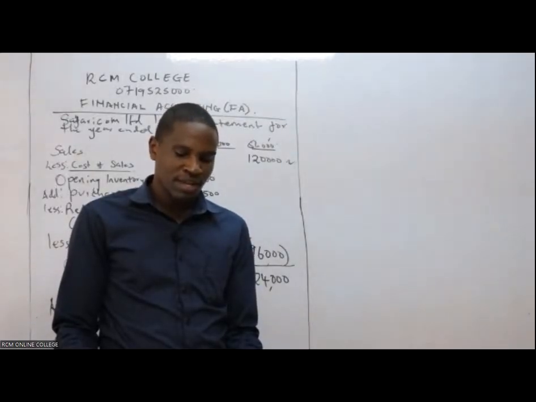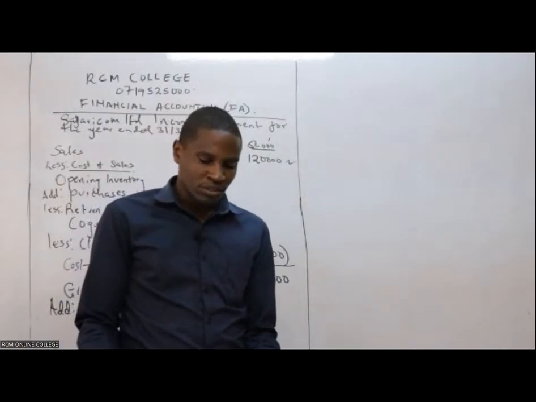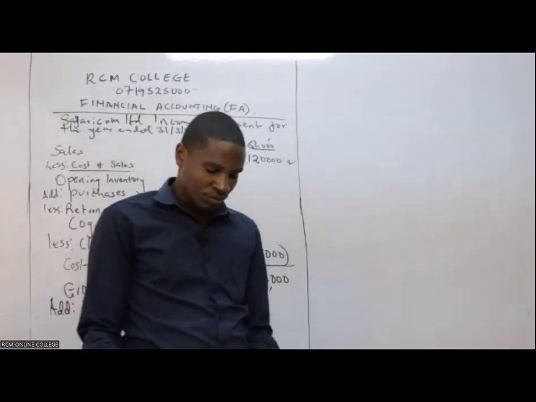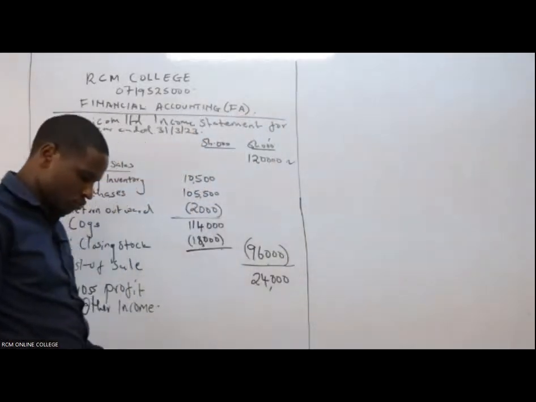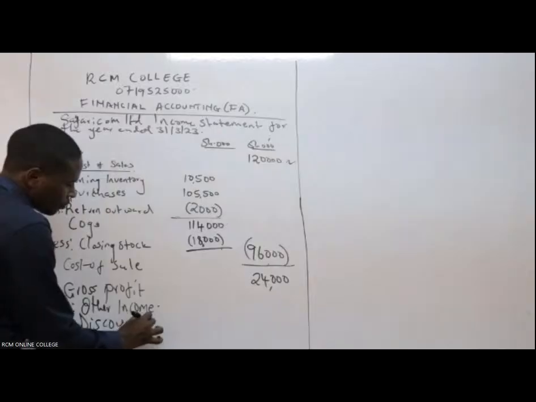The discount received is an income, and the discount allowed is an expense. Therefore, discount received was 325. So you come here and add discount received.